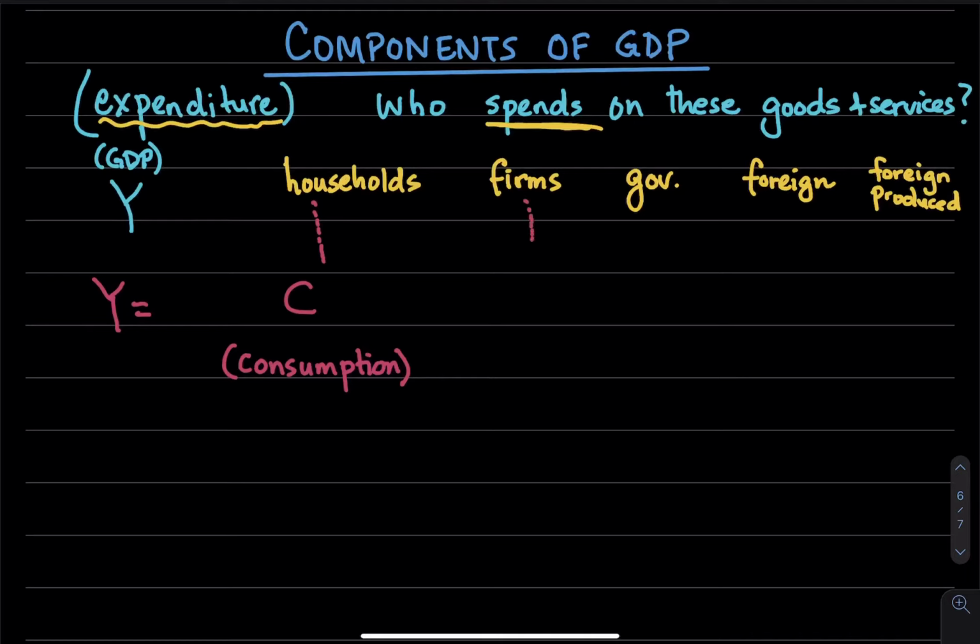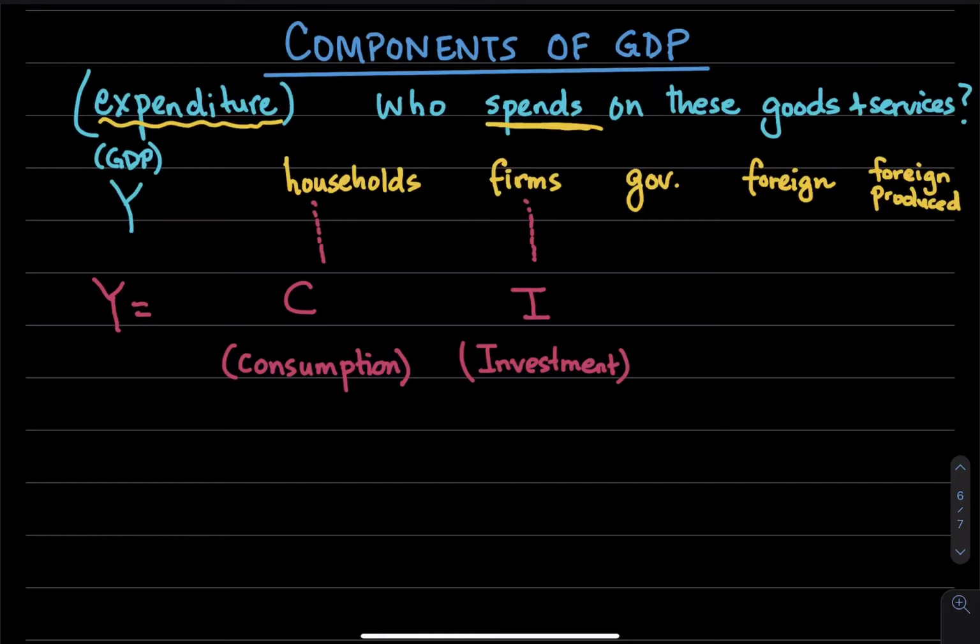Any expenditure by firms is called investment, denoted by the letter I. And remember, this is not the financial investment that we're thinking about. We'll clarify that in the next video, but we're thinking about firms buying, let's say, a software for their employees, or firms buying a space to operate their businesses.